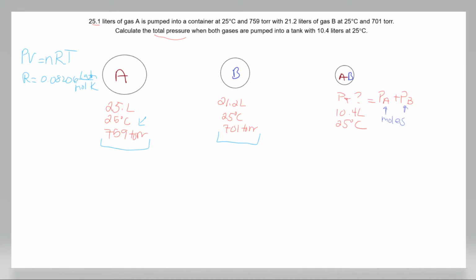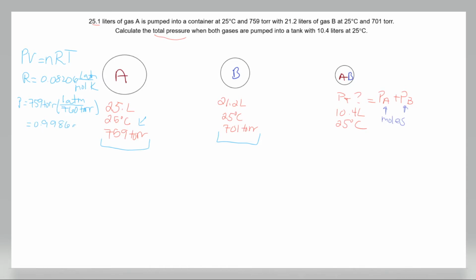I'm going to convert to atmospheres. So the pressure that we're given, which is 759, we need to convert to atmospheres. So what is our conversion factor? In 1 atmosphere, there are 760 torr. Okay, so it's practically 1 still, but not exactly. So this pressure is 0.9986 atmospheres, definitely not 0.9.